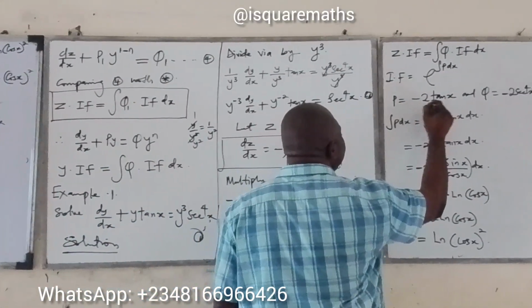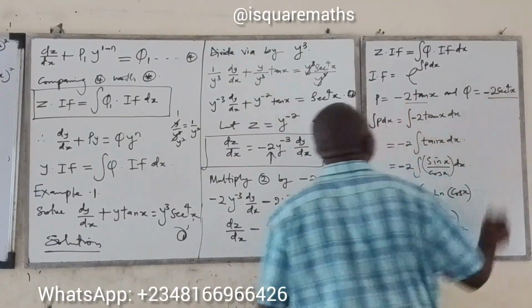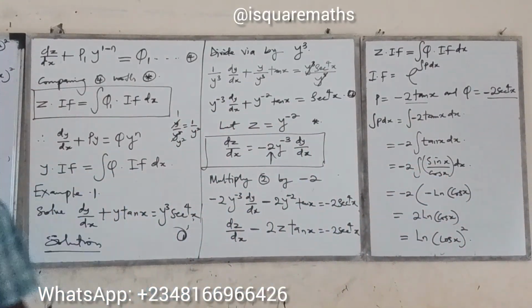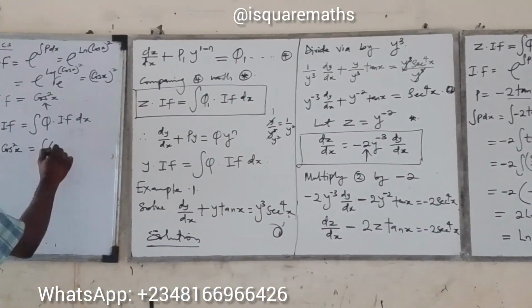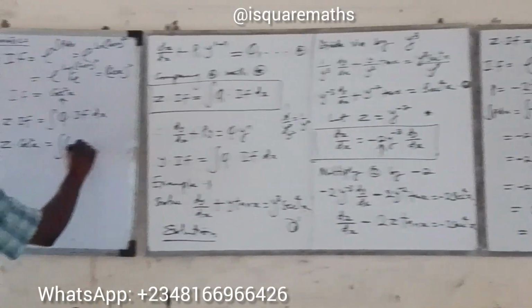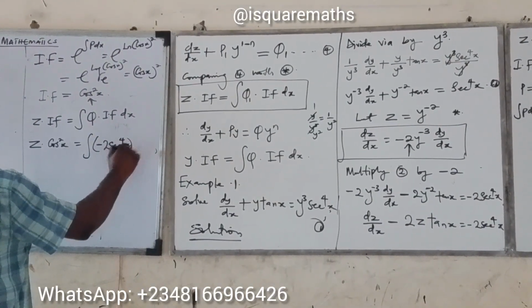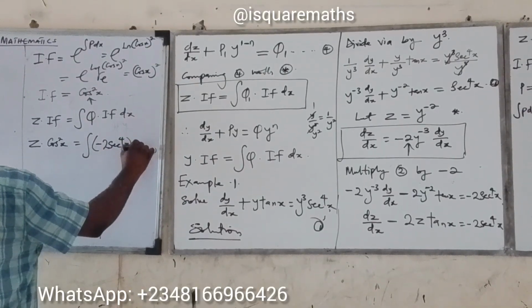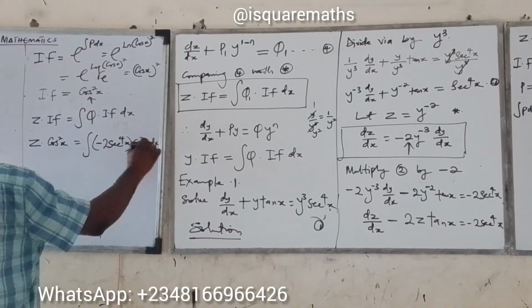We got this as the value of our p and this as the value of our q. So the value of q here is minus 2 sec power 4x. Then the integrating factor is cos squared x, then dx.